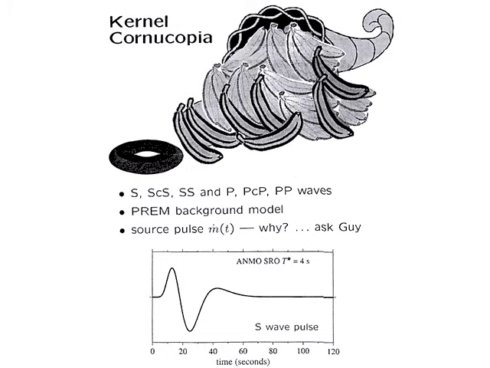I want to show you a few pictures of what these kernels look like. So I'll show you kernels for these kinds of waves here that you can read. All of these kernels are for the PREM background model, and all of these kernels assume that the source pulse is this strange thing here. That's because we're collaborating with Guy Masters at Scripps, and this is the way he makes his cross-correlation travel time measurements for historical reasons.